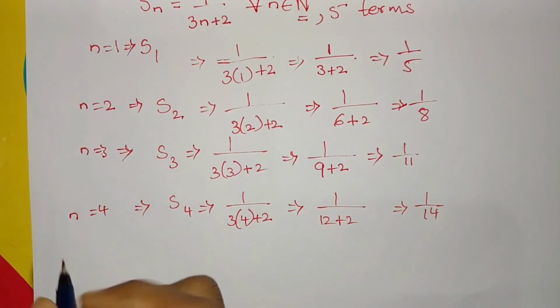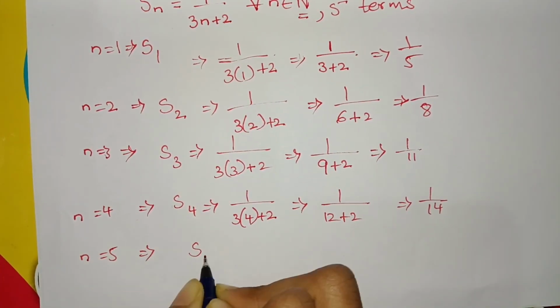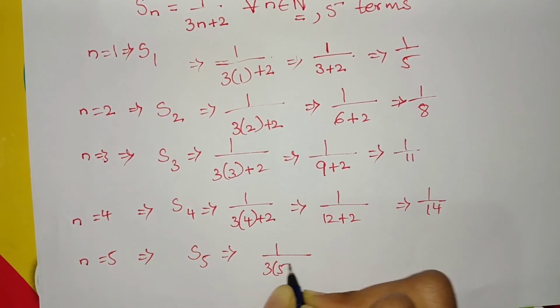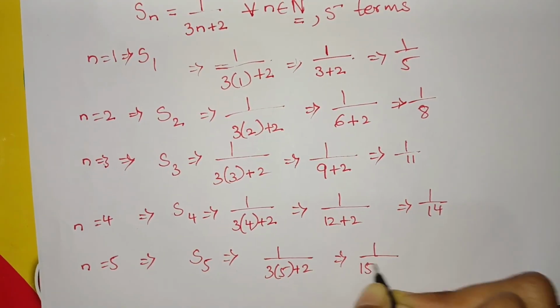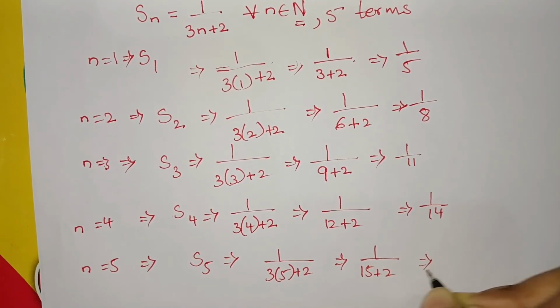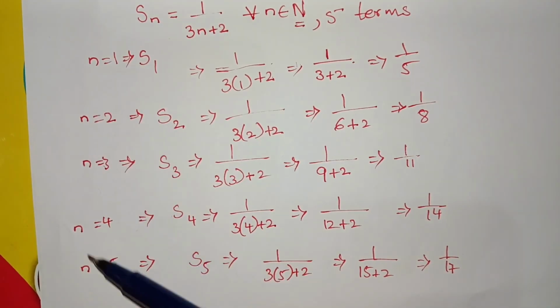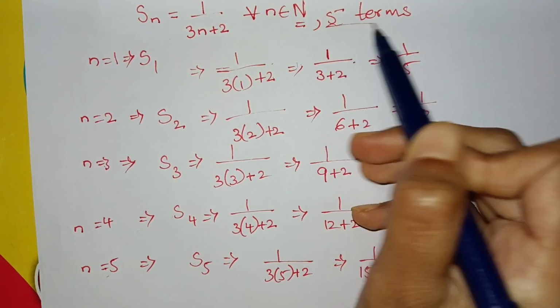And the last value n equal to 5. So now S5 equal to 1 by 3 fives plus 2, which is 1 by 15 plus 2, which is 1 by 17. So here I have substituted 5 values because they specifically asked for 5 terms, right?